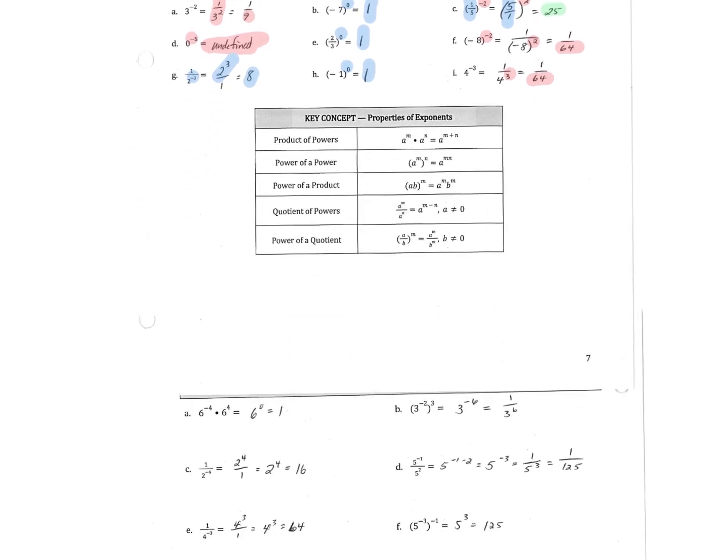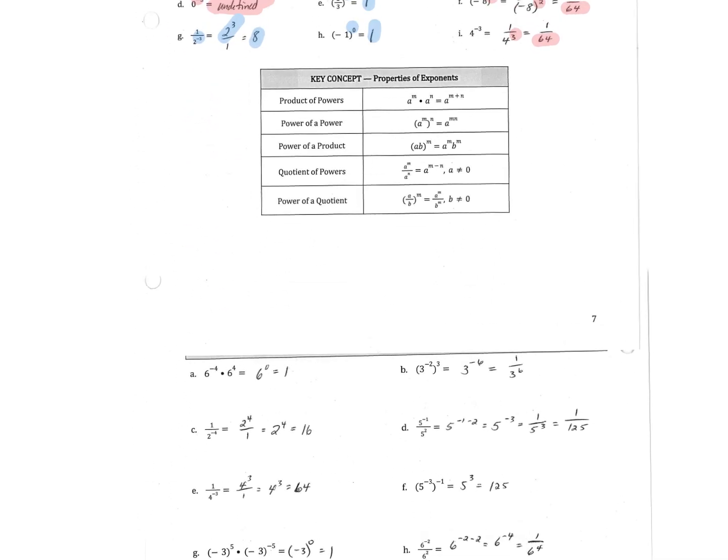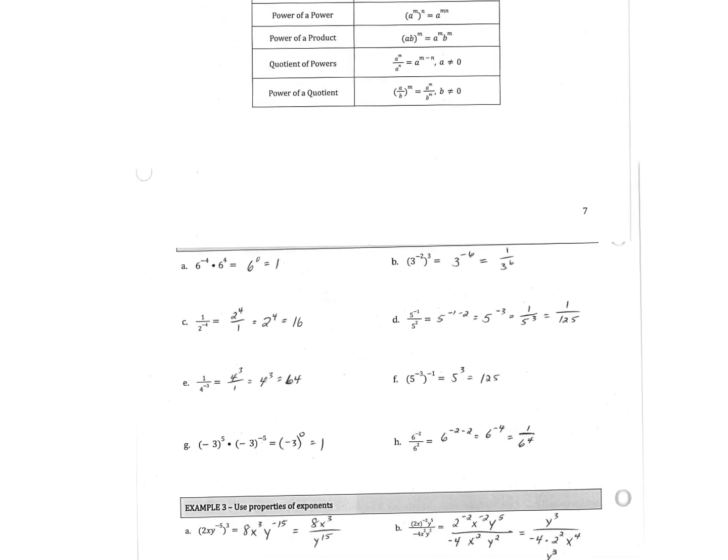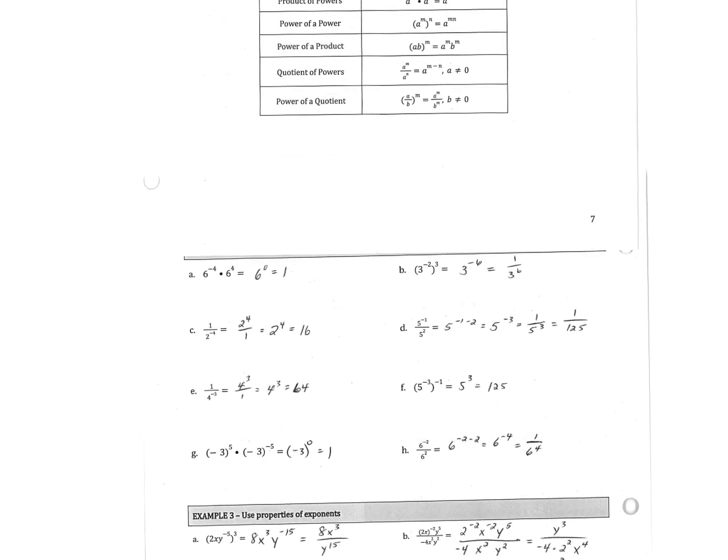Let's slide down and take a look at this back page. Sorry you can't see part of it, but you can still see A through H. So we're going to work on using some of our rules of multiplying and a little bit of dividing to do some simplifying.